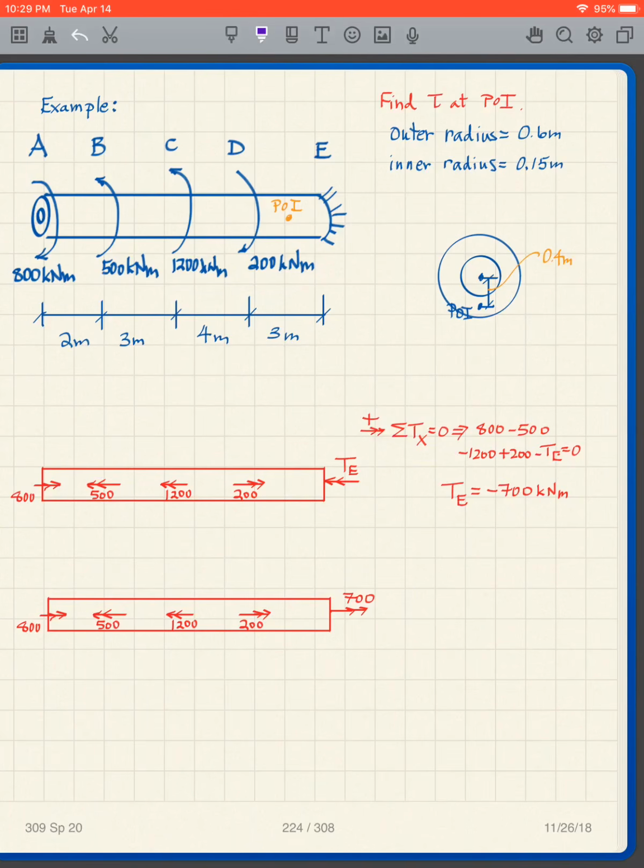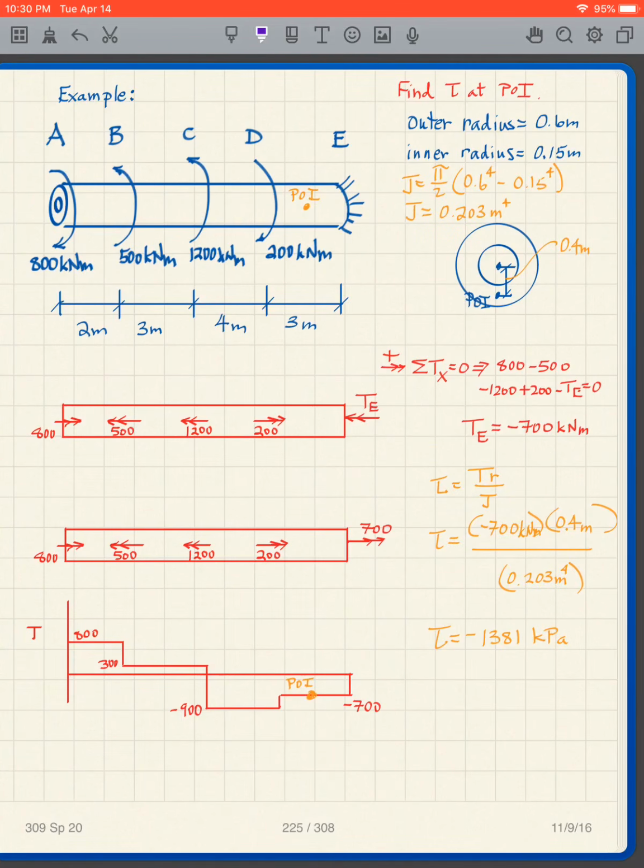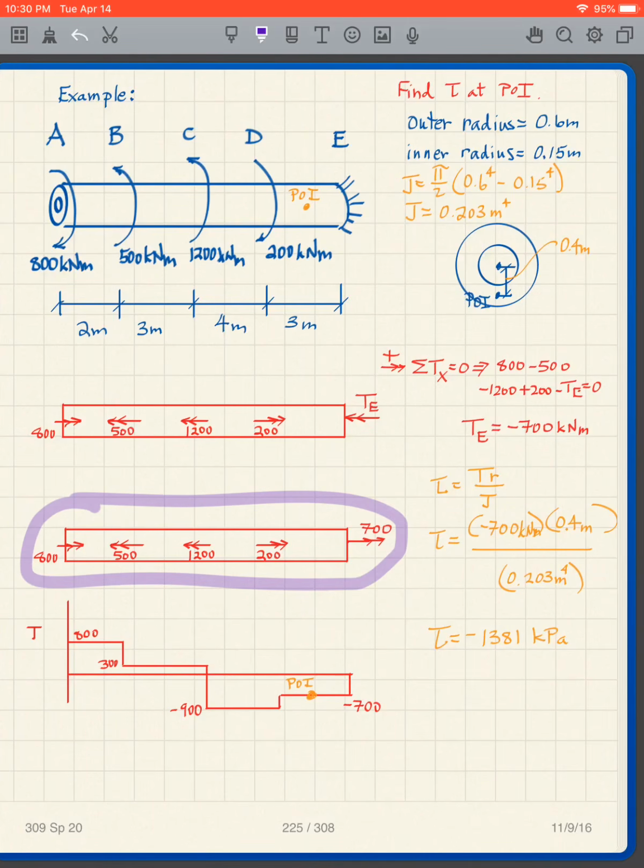I double check to make sure I have equilibrium, and what do I have going to the right? I've got 800 plus 200 plus 700, that's 1700 to the right. To the left I have 1200 plus 500, 1700 to the left. So indeed it's in equilibrium. I then look at our final free body diagram to draw the torque diagram.